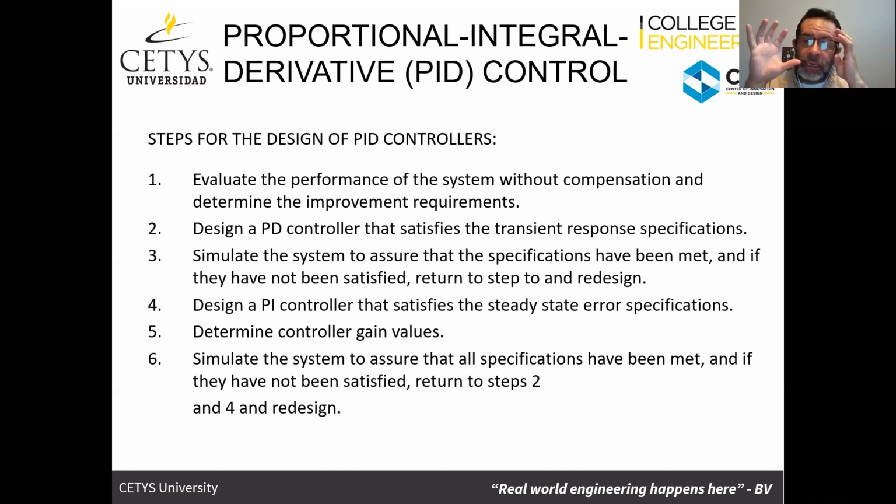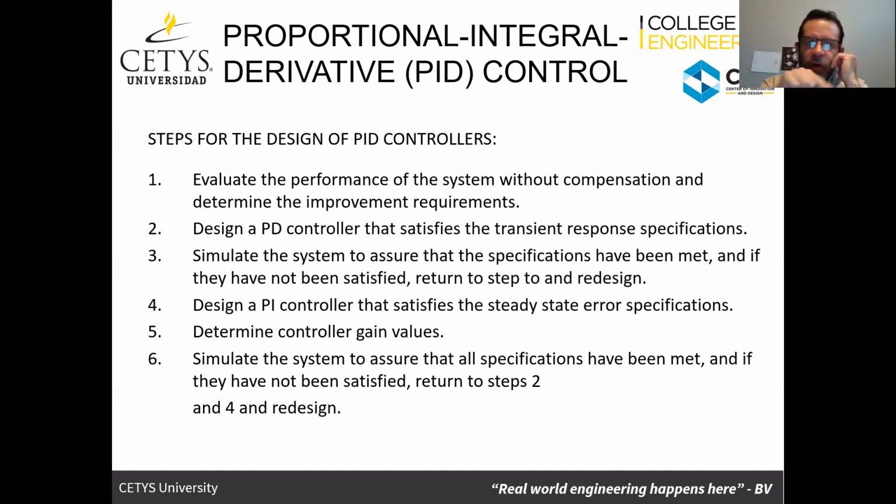Once we look at the uncompensated version of the system, then we incorporate the proportional derivative. So we play around with the proportional derivative until we get the transient response we want. Then we simulate the system to see if the PD controller is doing its job.